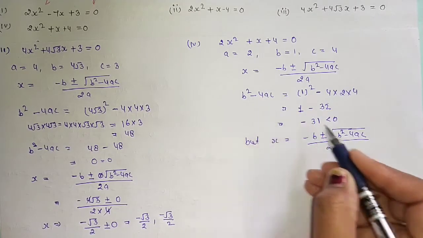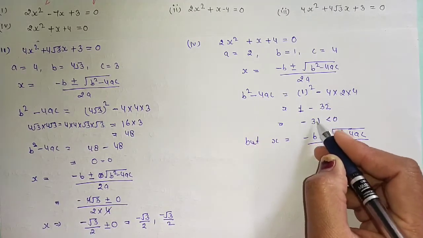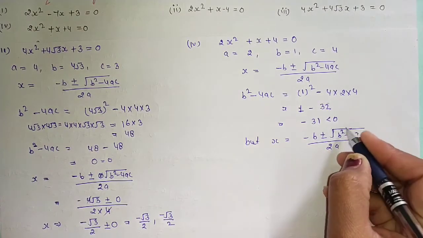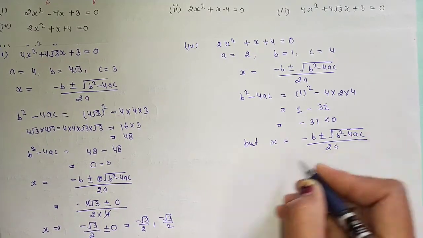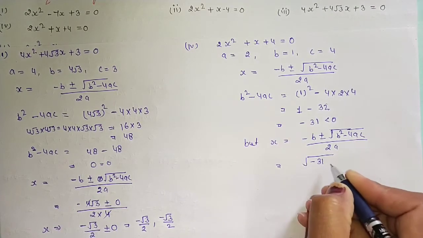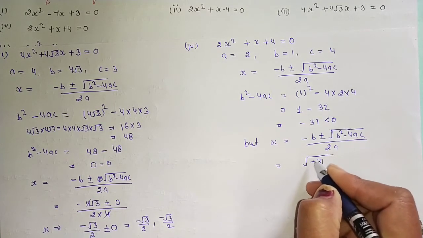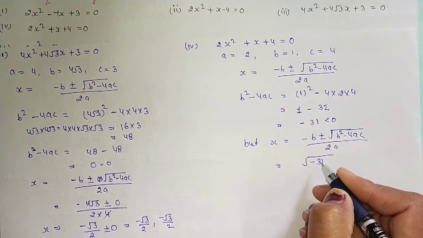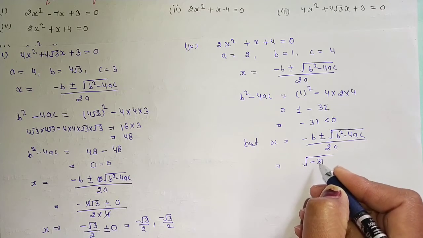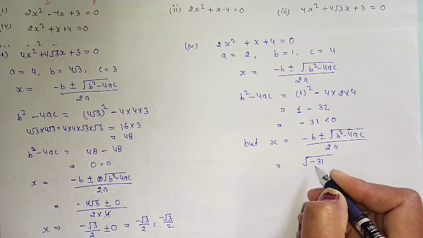The value of b squared minus 4ac is minus 31. Therefore, the term becomes negative, or we can write it as root of minus 31, and this value is not real, and we cannot find the root of minus 31.